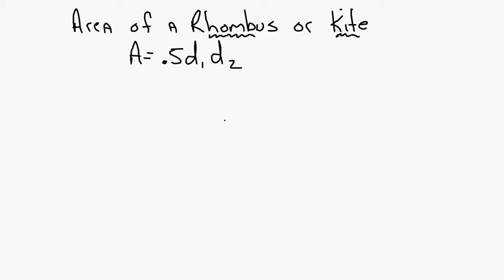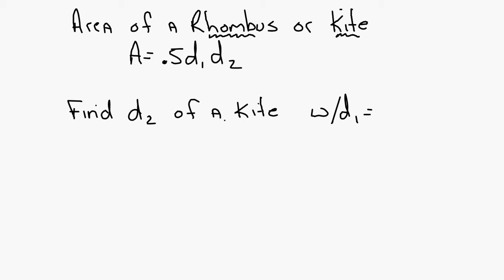So, example 3 on the bottom of page 679 says find each measurement. You're looking for D2 of a kite with D1 equals 16 and area equals 48.